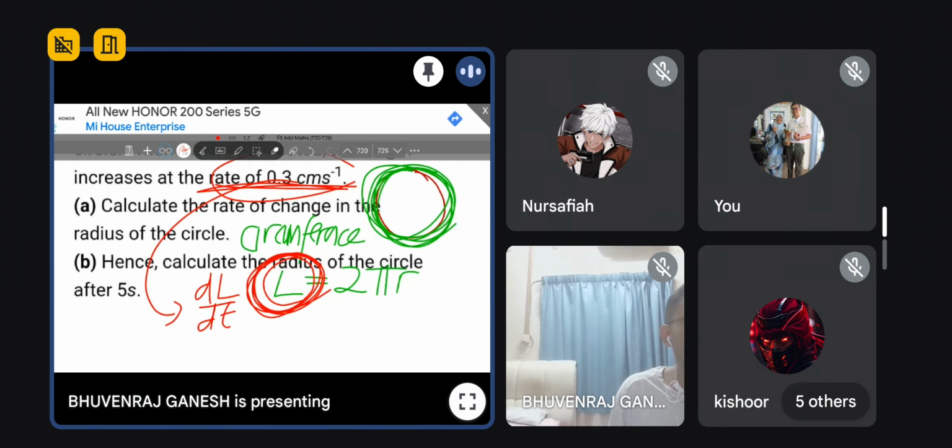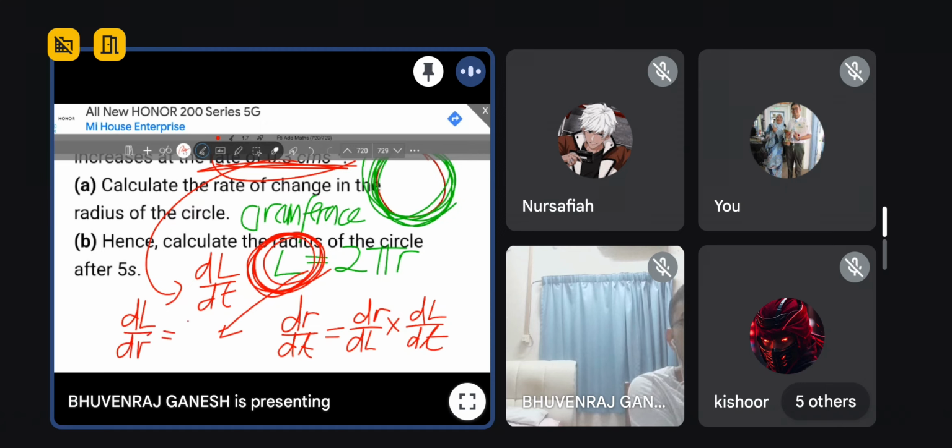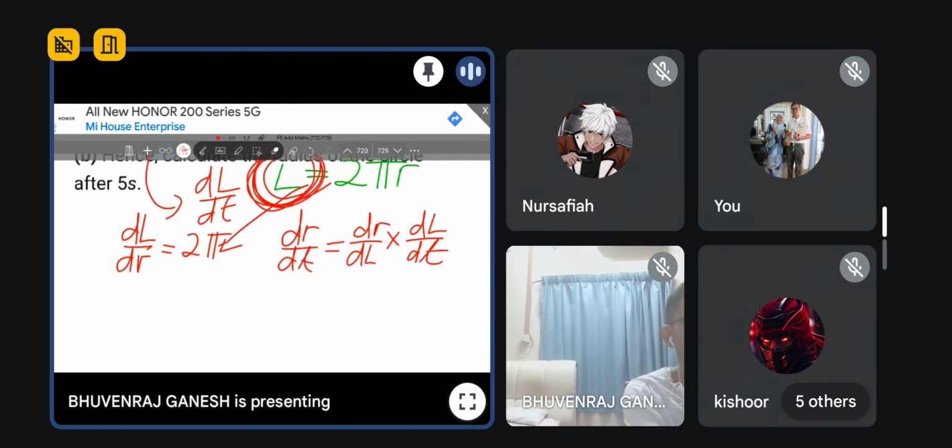So now, question is, cari kadar perubahan jejari dr dt. So dr dt sama dengan dr dL times dL dt. So dr dL, kamu boleh bezakan yang ni. Differentiate 2 pi L. So dr dL adalah 1 bahagi 2 pi. 1 over 2 pi times with 0.3.